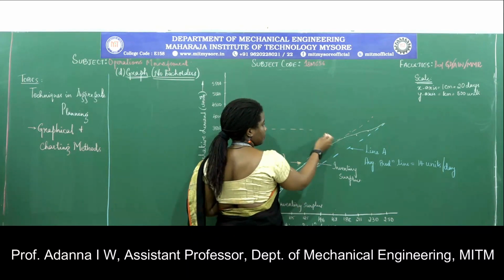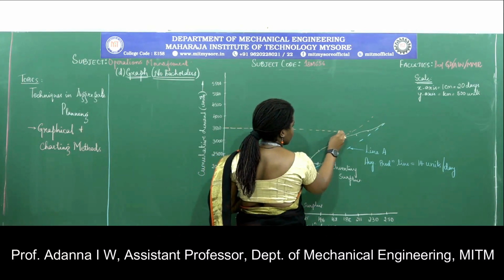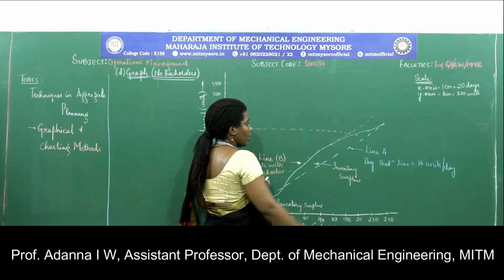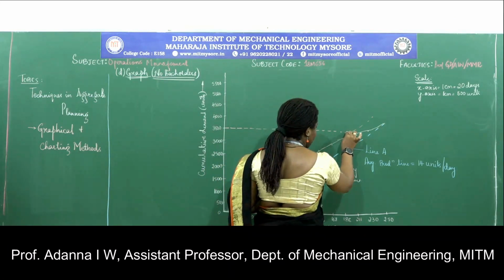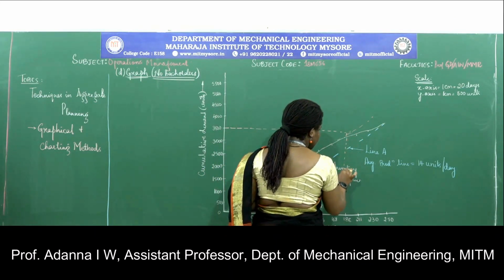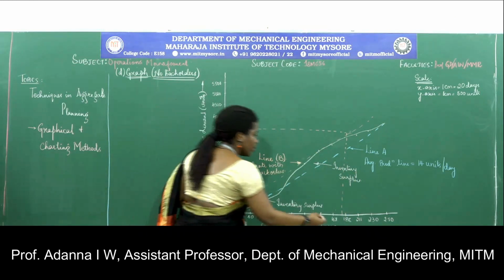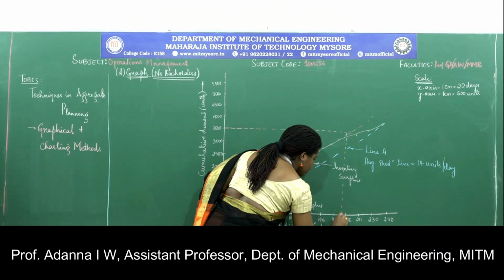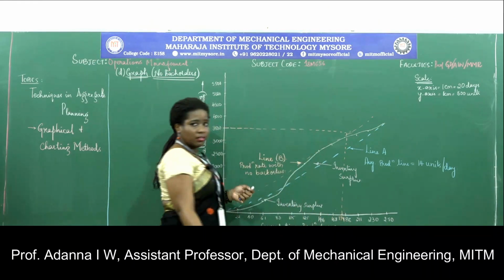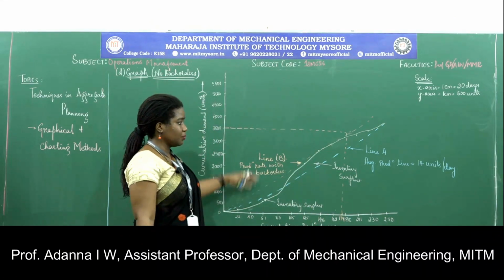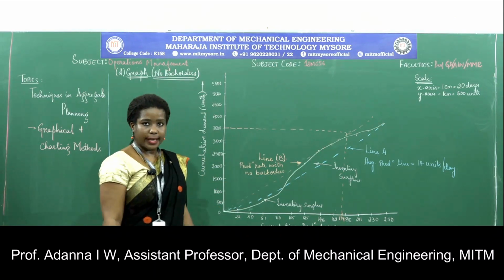At the point where it meets, you drop a perpendicular downwards to the x-axis and see where it meets. So this, if I assume it to be, say, 179 days, it's just an assumption because this is not a drawing drawn to scale.